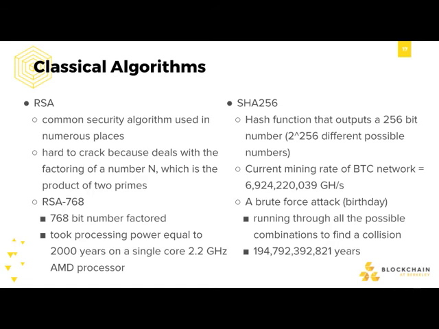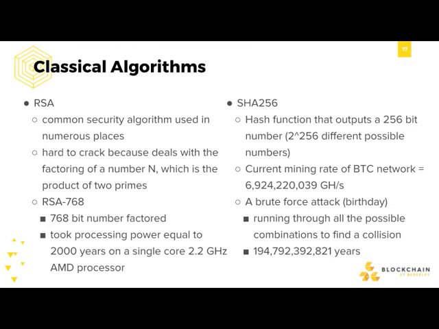Another one is SHA-256. SHA-256 is a hash function that takes in an input and outputs a 256-bit number. The range of SHA-256 is 2 to the 256, meaning that's how many possible values it could output. Keep in mind that the current mining rate of the Bitcoin network is about 7 billion gigahashes per second.